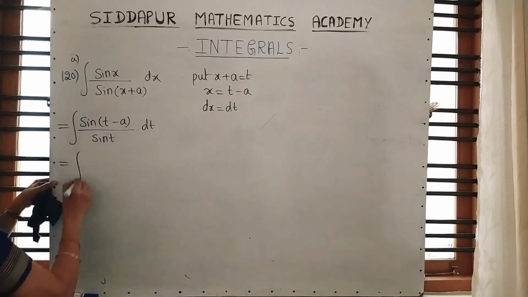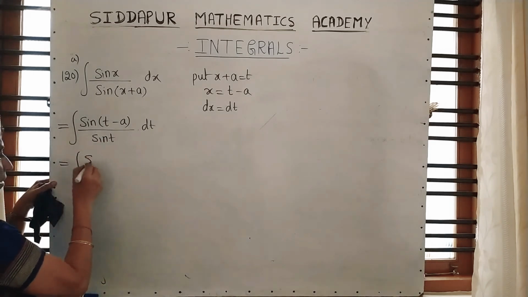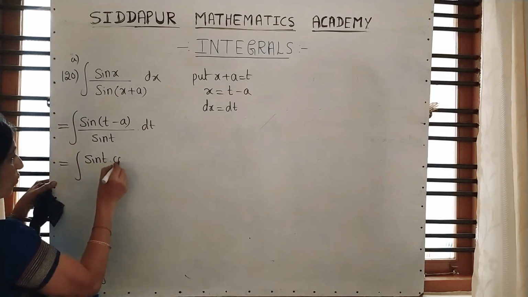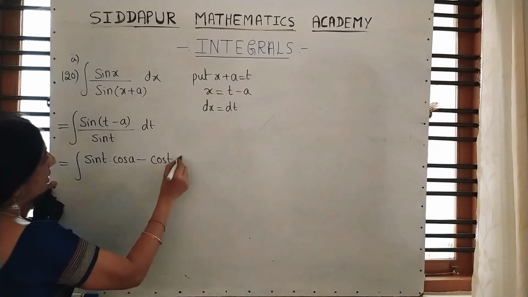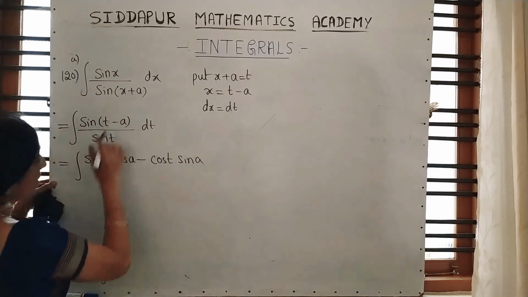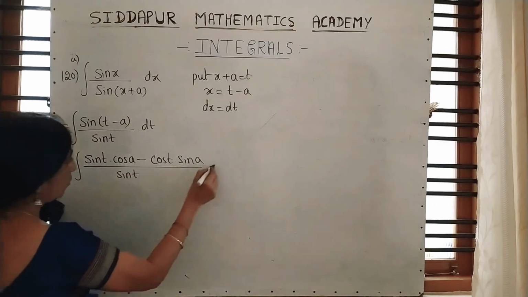Now for the numerator apply the sin x minus y formula, that is sin t into cos a minus cos t into sin a, into dt.